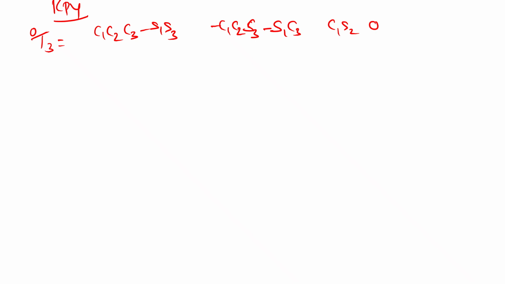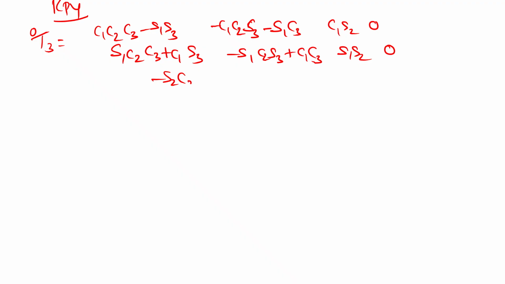So S1, C2, C3 plus C1, S3 minus S1, C2, S3 plus C1, C3, S1, S2, 0 minus C2, S2, C3, S2, S3, and C2, 0, 0, 0, 0, 1.